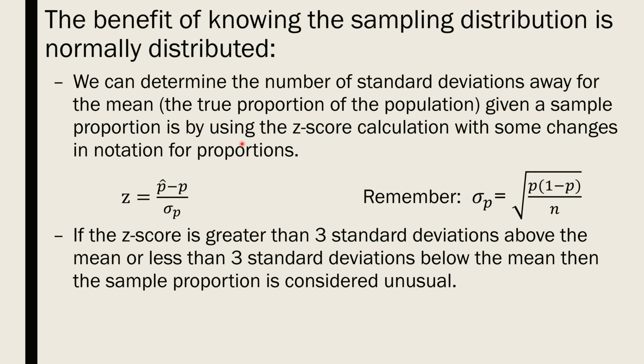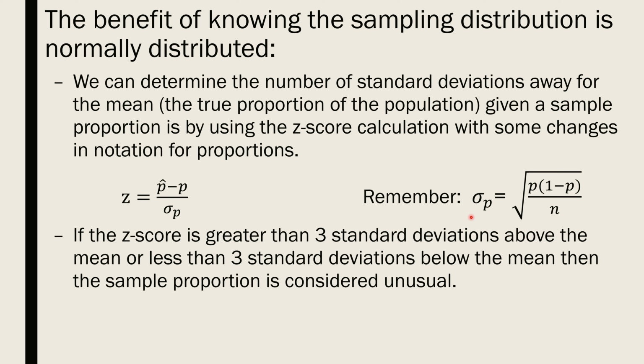There are benefits of knowing the sampling distribution is normally distributed. First, given a sample proportion, we can determine the number of standard deviations away from the mean, or the true proportion of the population, by using a z-score calculation with some changes in notation for proportions. So now the z-score will be calculated as p hat minus p divided by sigma p.